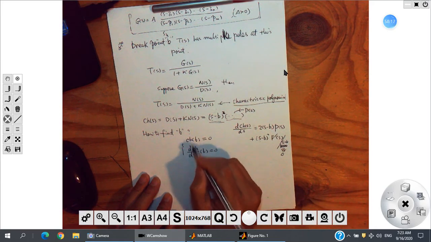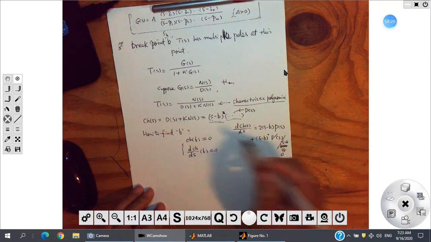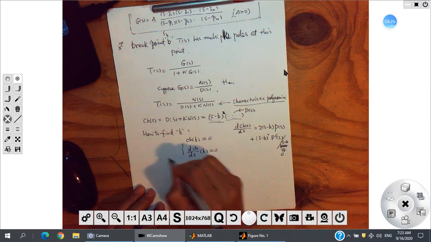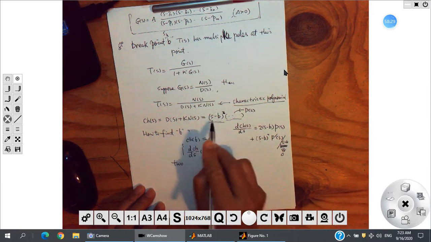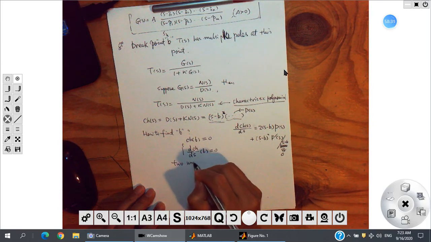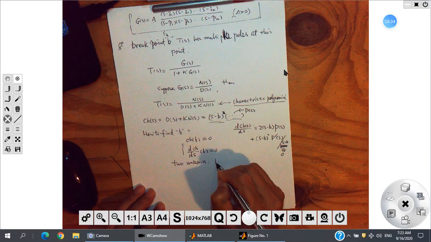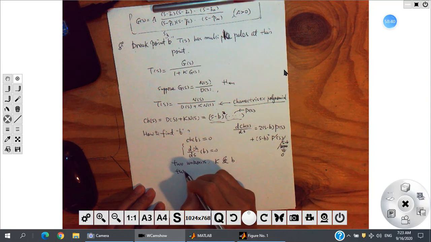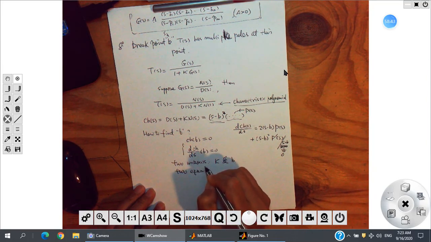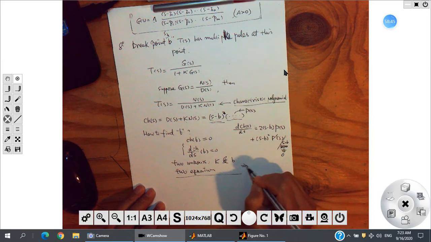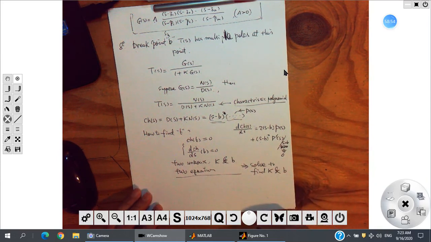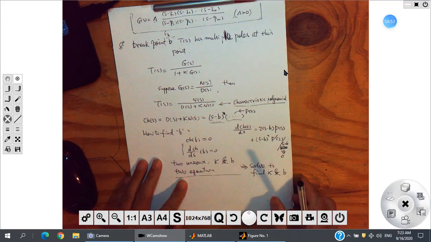So we have these two equations. Now we can solve it, because we have two unknowns, K and B, and two equations, to find K and B.